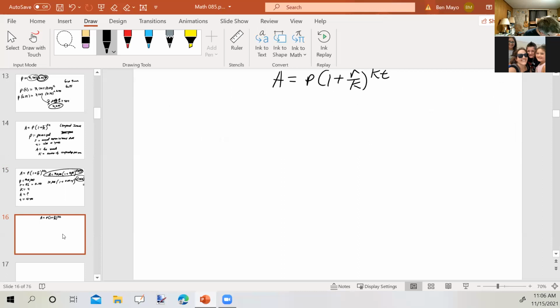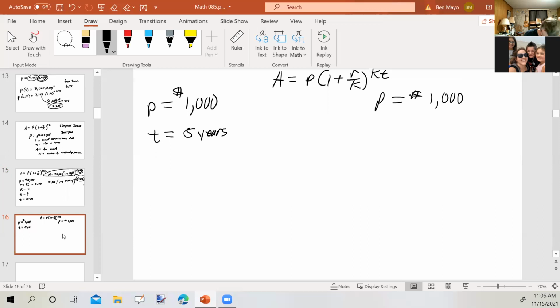In both cases, the principal is $1,000. The time is 5 years. The compounding is quarterly, so that's 4.